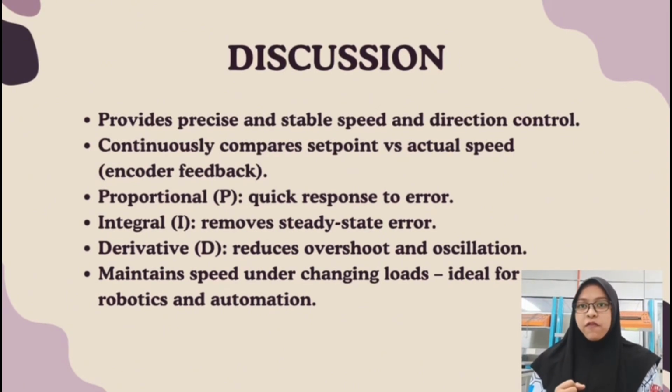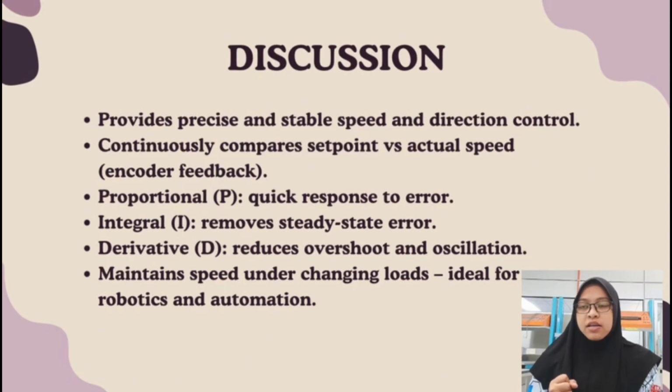In terms of control components, the proportional component gives a quick response to any speed error, helping the system react immediately whenever there is a deviation.